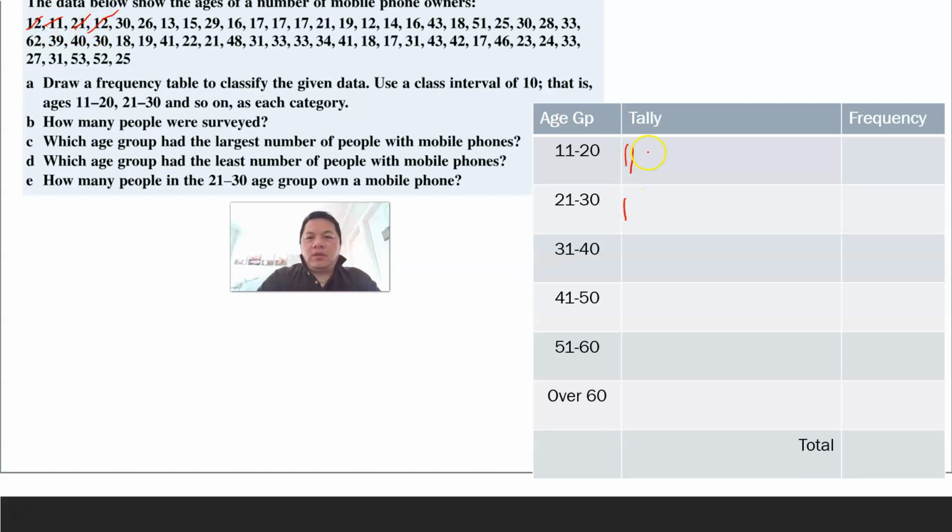Gotta be very careful of this. 12, 30 is here. 26, 13, 15, 29, 16, 17, 17, 17, 21, 19, 12, 14, 16, 43, 18.